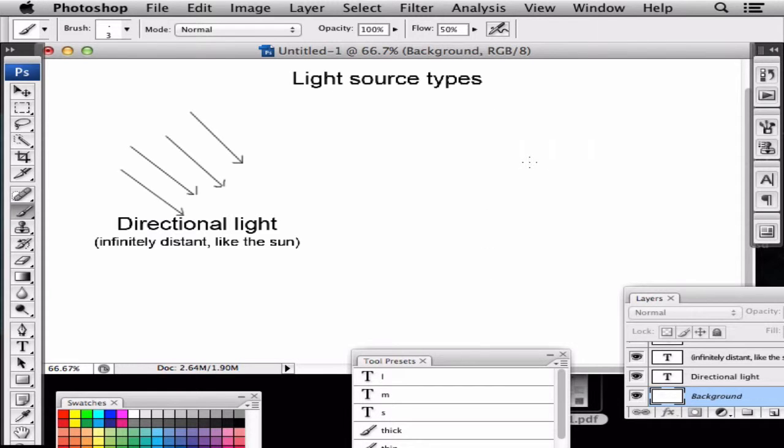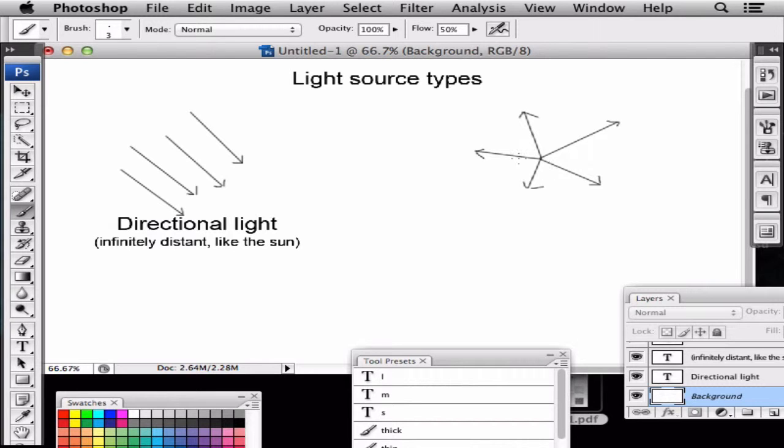The second type is called a point light, sometimes also referred to as an omni-light, but that's an old expression. So imagine there is a single point in space from which light is emitted in all directions. The light source has a position in space. It's not infinitely distant. It is somewhere in the scene that we're rendering.